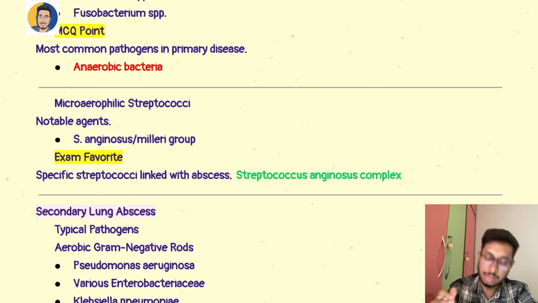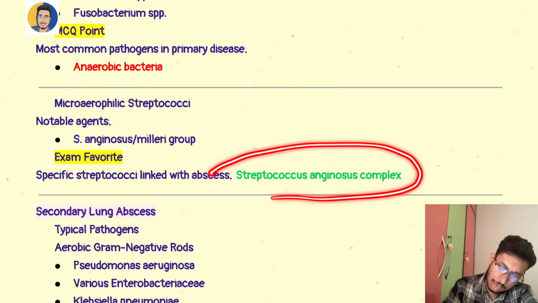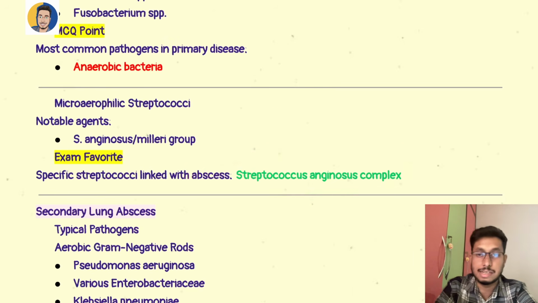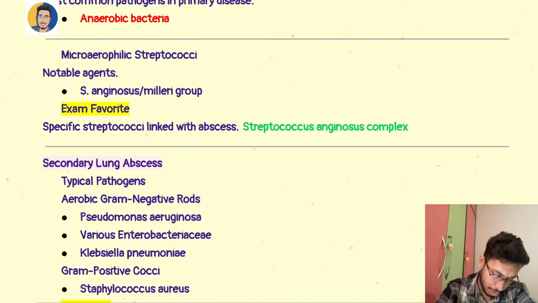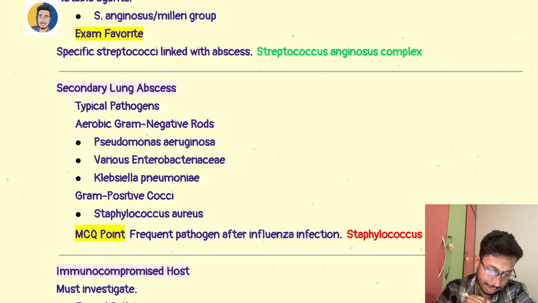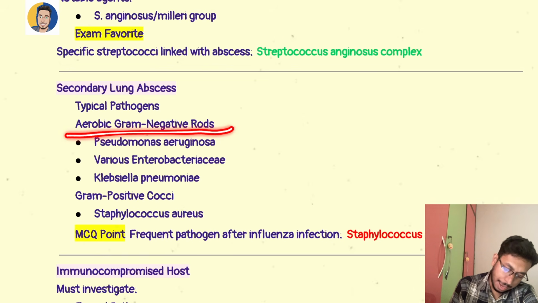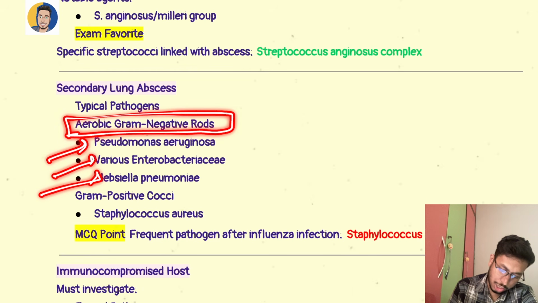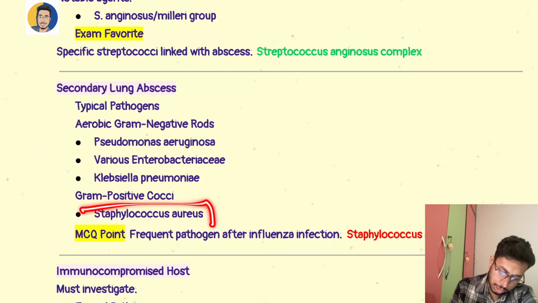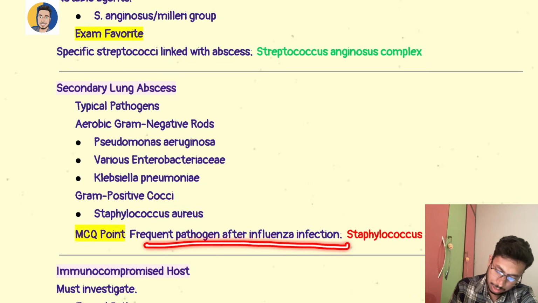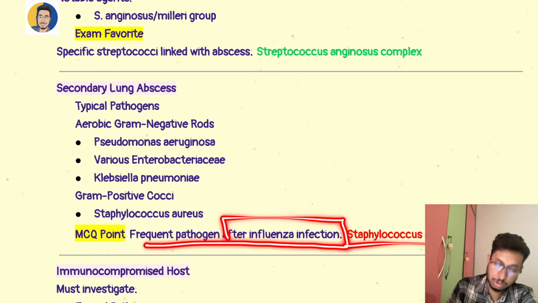It is Streptococcus anginosus complex because it leads to necrotizing pneumonia. Okay. Among secondary lung abscess, which is caused due to lung infection per se, typically there can be aerobic gram-negative rods like Pseudomonas, various Enterobacteriaceae, or Klebsiella pneumoniae. Gram-positive cocci like Staphylococcus aureus can also lead to this formation. An important MCQ point is that the frequent pathogen after influenza infection is Staphylococcus aureus.